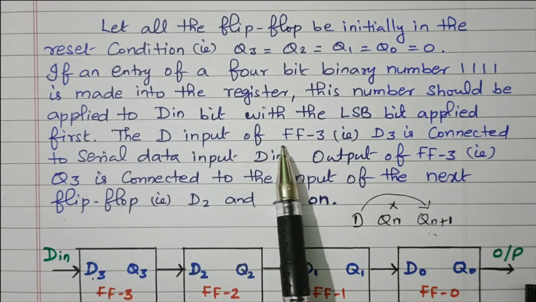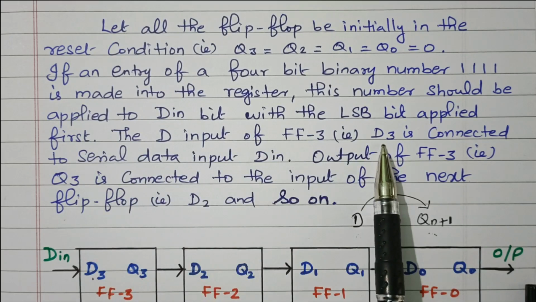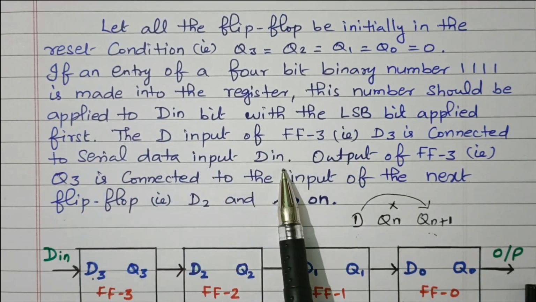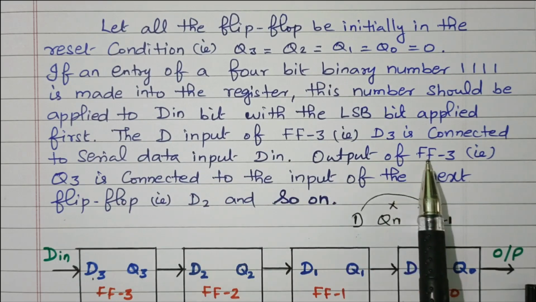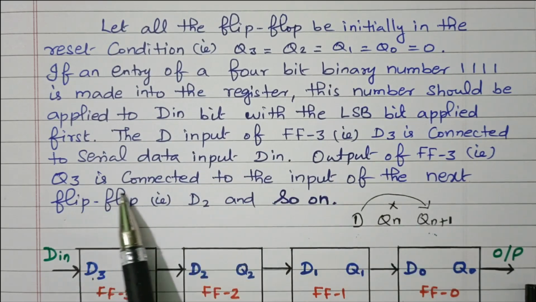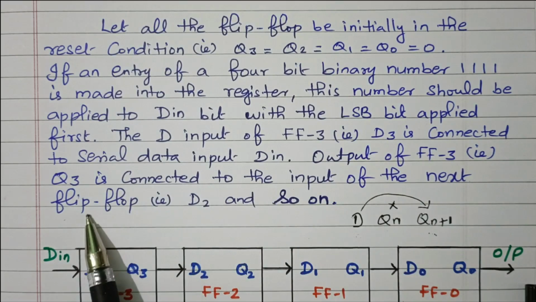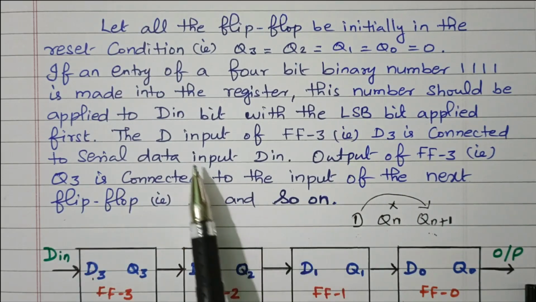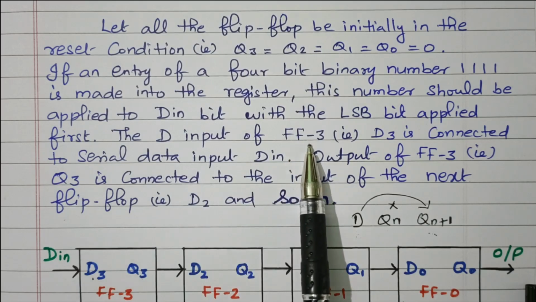The D input of flip-flop 3, D3, is connected to the serial data input, D in. The output of flip-flop 3, Q3, is connected to the input of the next flip-flop, D2, and so on. That is, the data is applied to flip-flop 3.